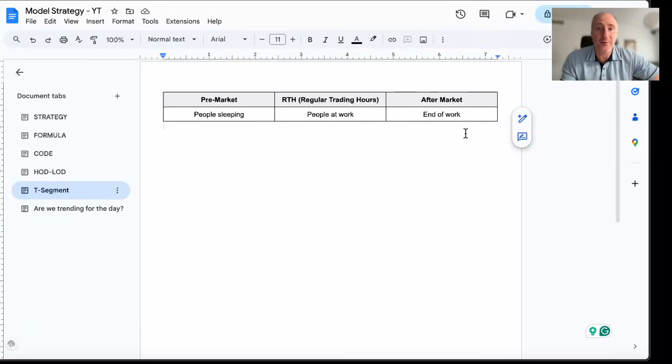The key point here is that each segment behaves completely differently. And I guarantee that once you start segmenting your market, the behavior of pre-market, regular trading hours, and aftermarket can be vastly different. And I mean like day and night.